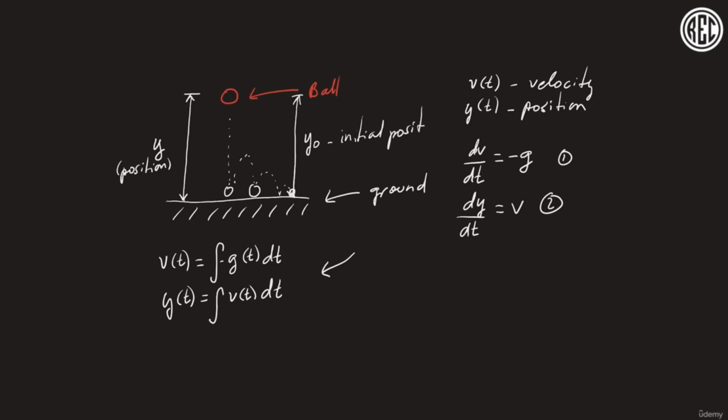That could be 10 meters or 20 meters or 100 meters, wherever you're dropping the ball from. And same thing for the velocity. So v0 is going to be the initial velocity.